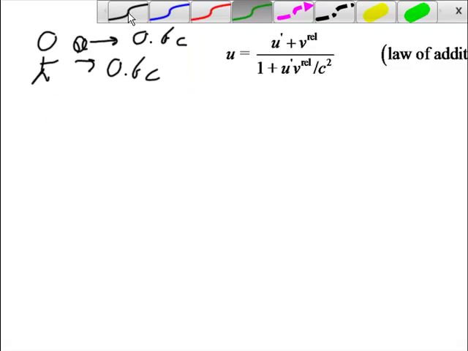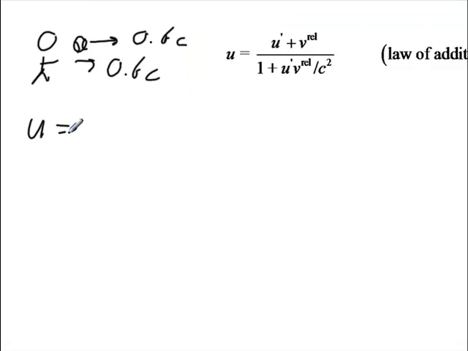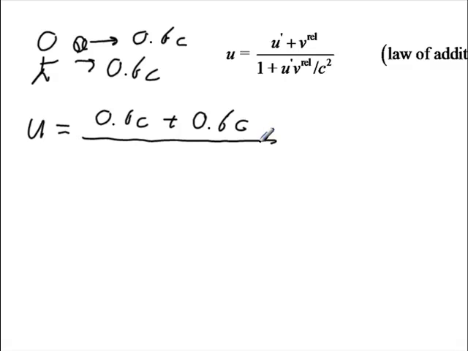So what I find is that u is equal to 0.6 c plus 0.6 c, all divided by 1 plus 0.6 c squared over c squared.